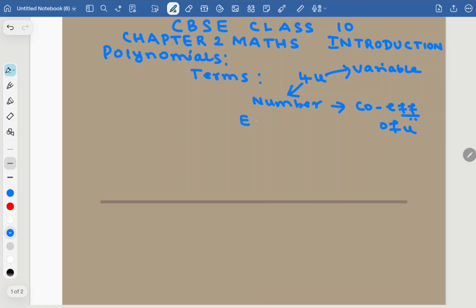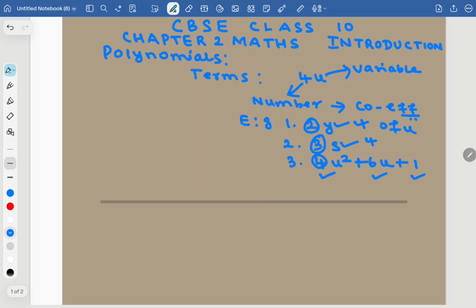For example, if I take 2y, here the number part is 2, the variable is y. 3s, here the number part is 3, the variable is s. 4u square plus 6u plus 1, here there are 3 terms: 4u square, 6u, 1. 2y and 3s have only one term.